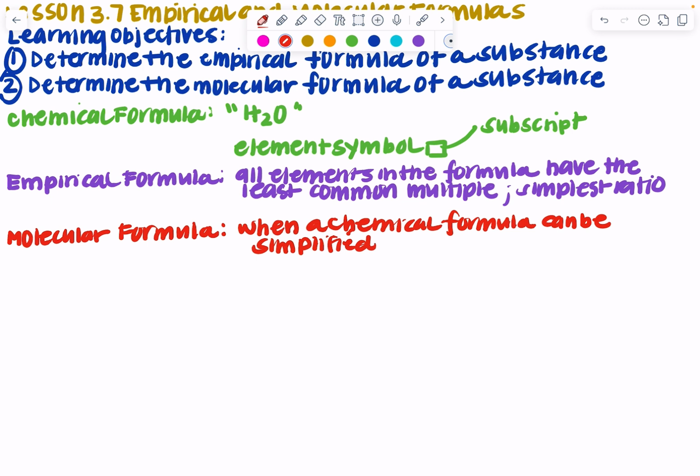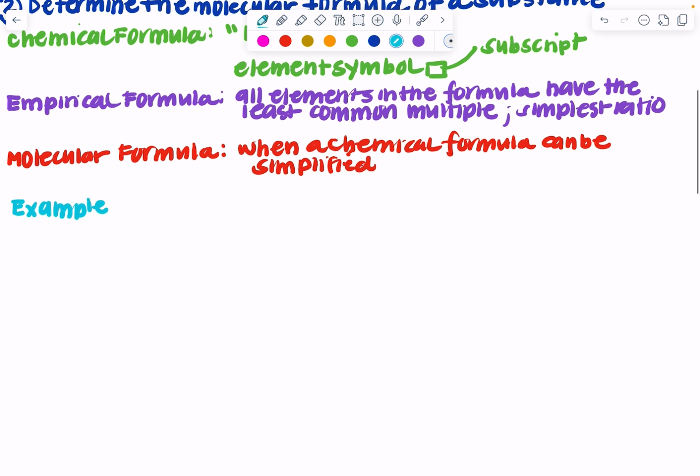Let's just look at some examples really quick. Let's look at H2O, let's look at N2S2, and let's look at C6H12O6.